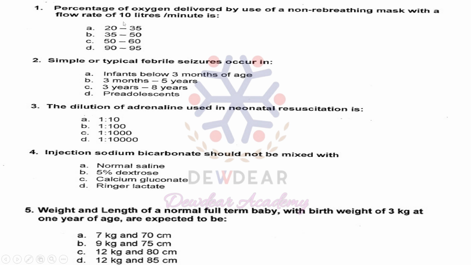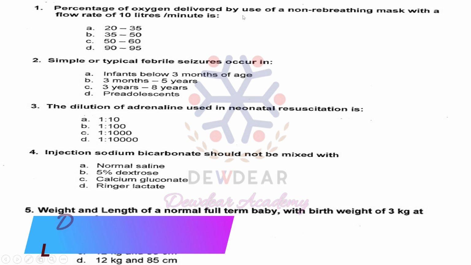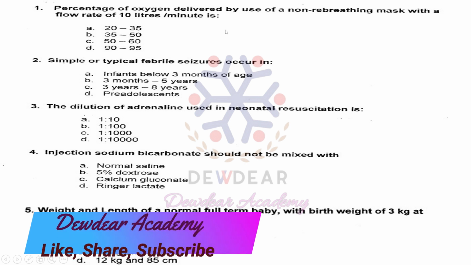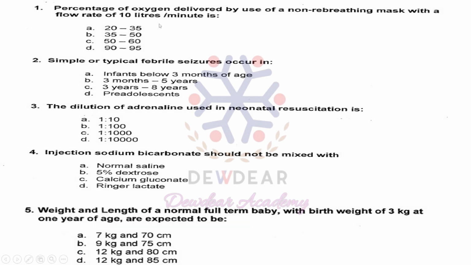So how much percentage of oxygen is delivered? The correct answer is option D, that is 90 to 95% of oxygen is delivered using a non-rebreathing mask with a flow rate of 10 liters per minute.